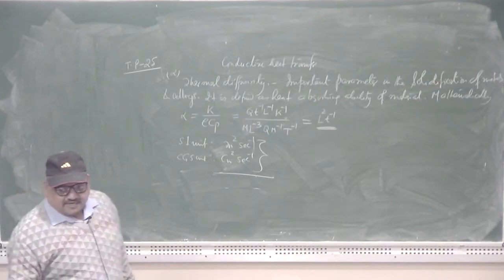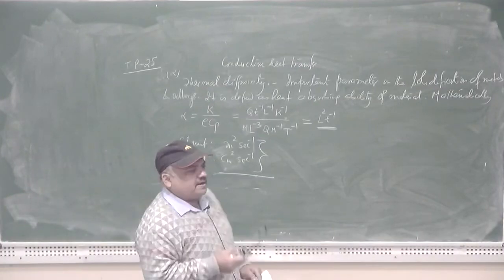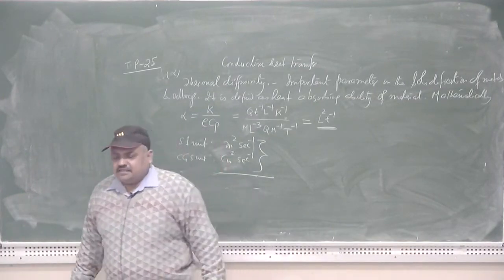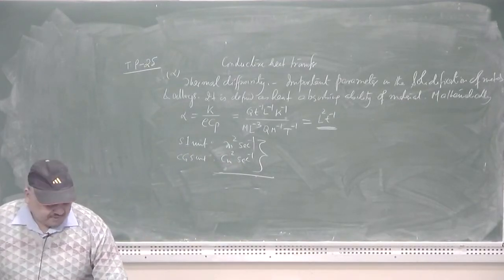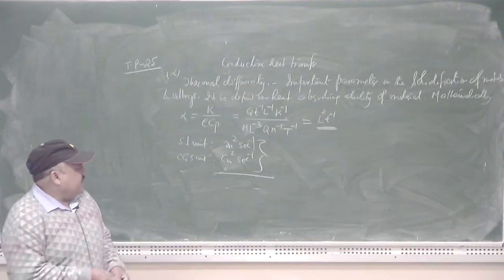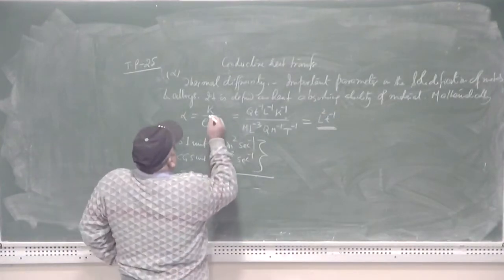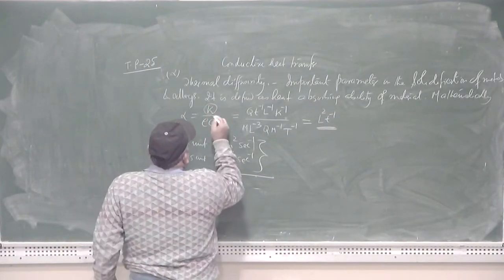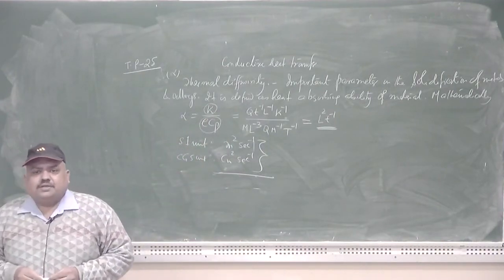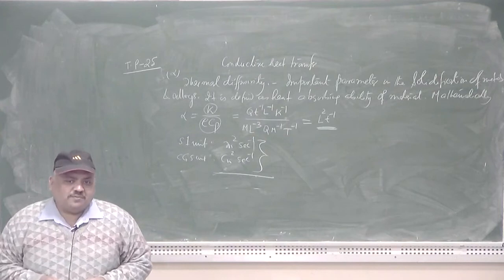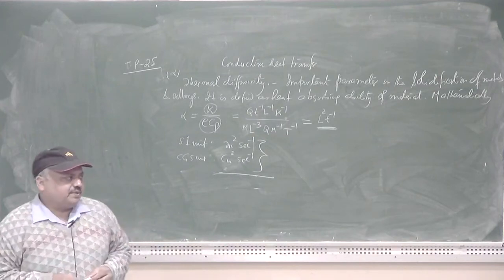Now we have discussed the definition of the thermal conductivity and the thermal diffusivity. As you see here, the thermal diffusivity is nothing but a function of the thermal conductivity of the material and the thermophysical property of the liquid metal which is going to solidify in a particular mold material.